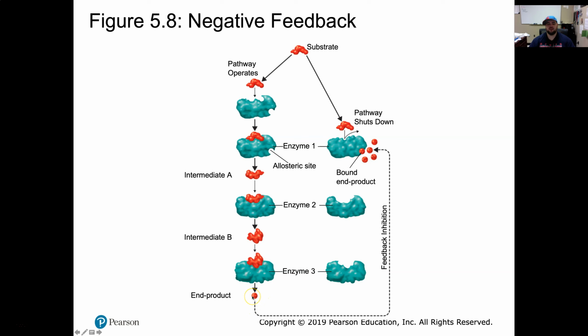But if there's too much of this product, notice there's way too much of the product over here, and they want to slow down the reaction, the product itself will act as the inhibitor. In this case, non-competitive inhibitor. It changed the active site and the substrate can't bind, which will slow down the reaction.